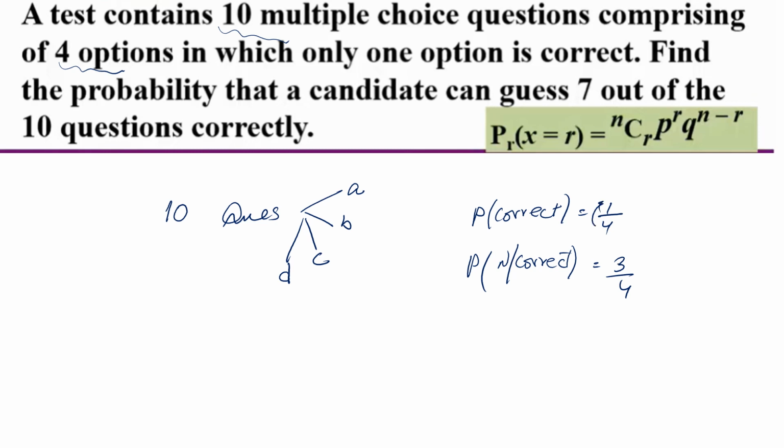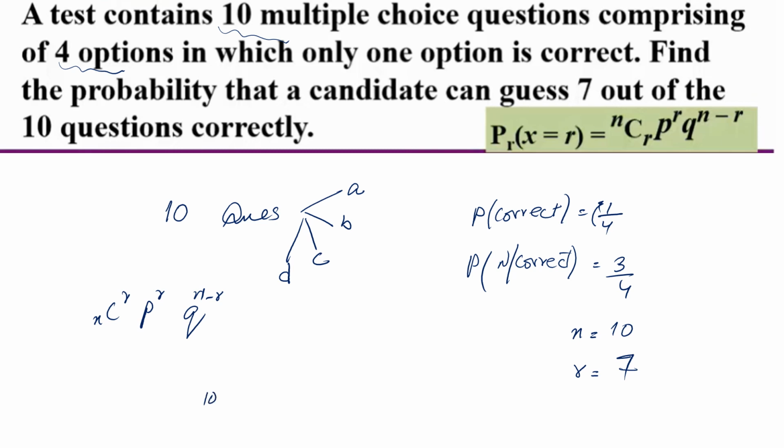Find the probability that a candidate can guess 7 out of 10 questions. So your N is the total number of questions, that is 10, and there is a possibility that he can guess 7 questions out of 10. So putting this in the formula, nCr P to the power of R Q to the power of N minus R will give you the binomial distribution answer.